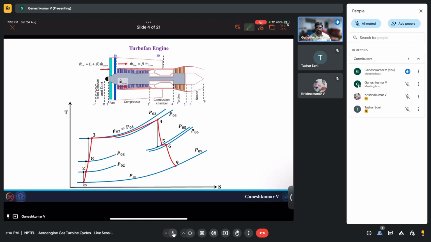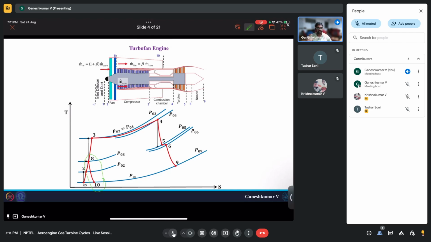So it has to expand from 8 to 10 basically. 10 is the exit of the nozzle. So you can see this additional line which is from 8 to 10. This will be your typical TS diagram for a real single spool turbofan engine.